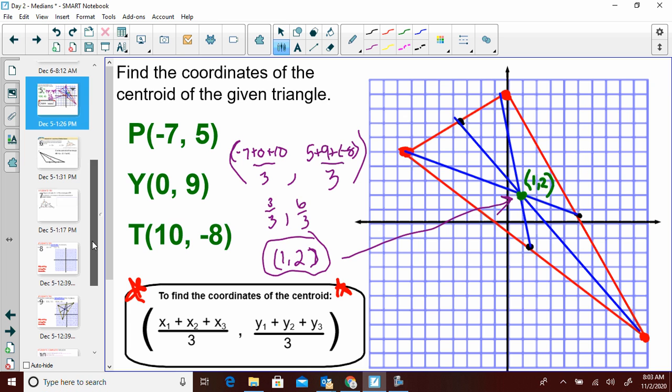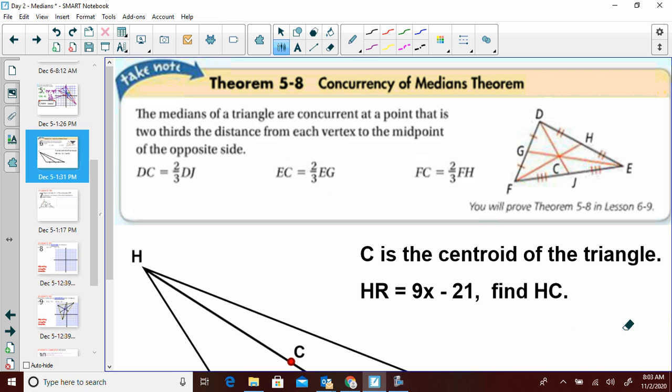And we have one more thing about our centroids. Centroids give you a nice ratio. What this is saying is the distance from the vertex to the centroid, this distance right here, will always be 2/3 of the distance of the entire median.